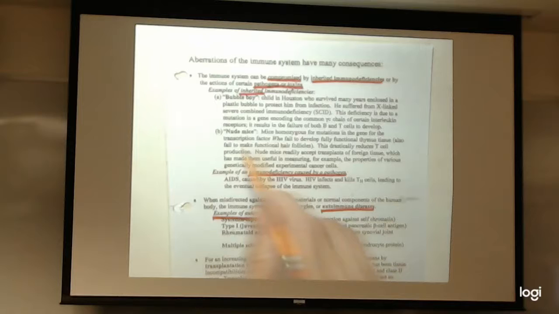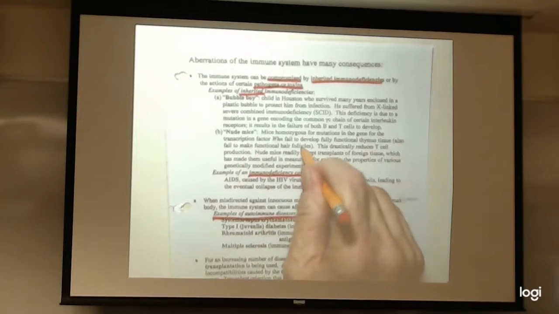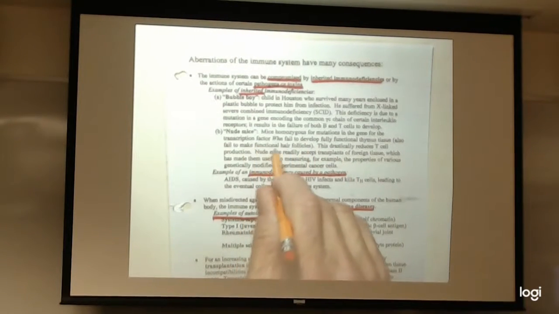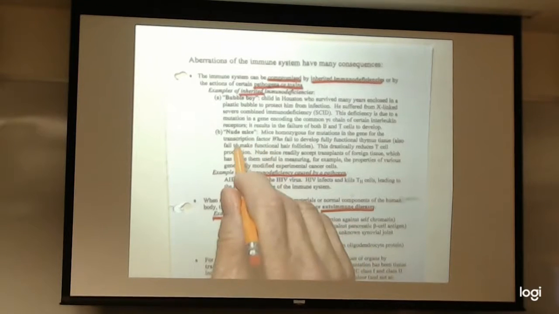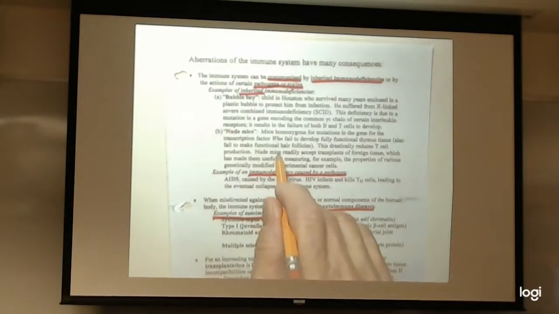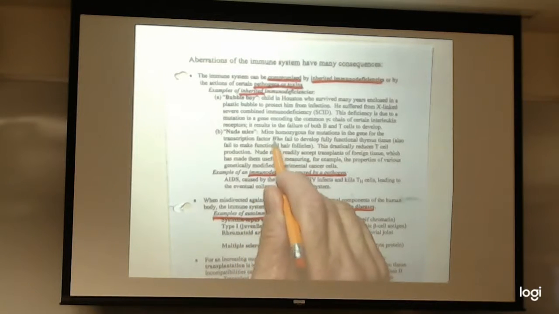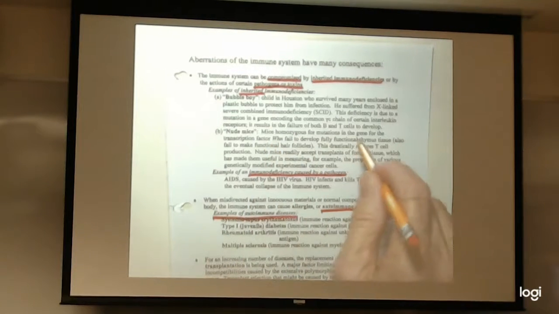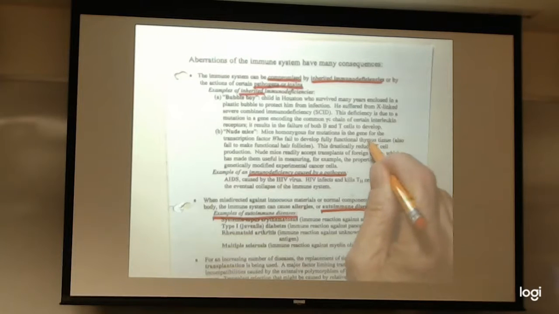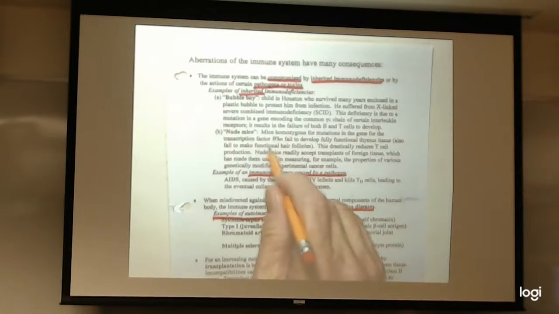There are also inbred experimental mice. These are mice that have a mutation in a gene that's needed for the so-called WIN gene. This gene is needed to make a functioning thymus. It turns out it's also needed to make functional hair follicles.